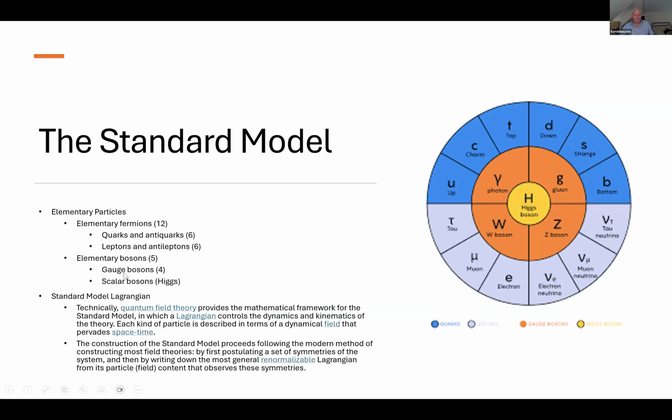And 5 elementary bosons, the gauge bosons that are all shown here in orange, and the Higgs boson shown in the center. And so this Lagrangian for the standard model encompasses all of these things. And all of these are energies that are localized to create these particles.